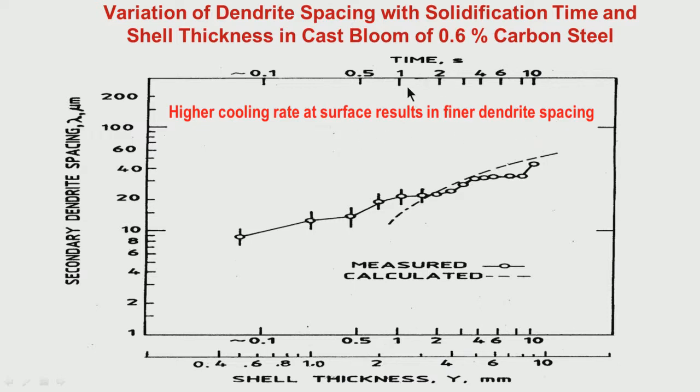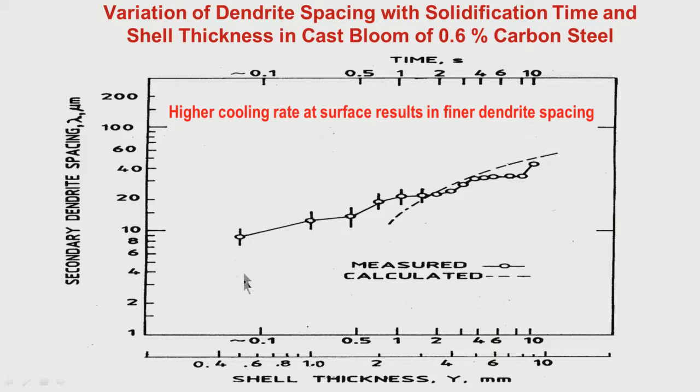At the surface the cooling rate is more, I have told you; as you are going inside the heat transfer decreases, so the cooling rate also decreases. So, you have relatively coarser dendrites.